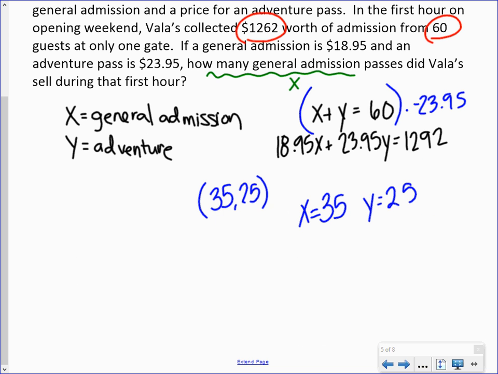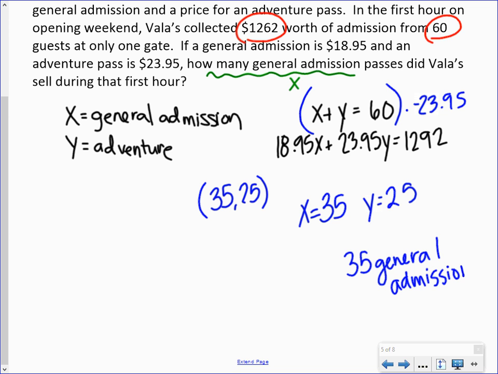But again, in an application problem, make sure that you answer and label your final answer. What do I really want to know? What's my actual answer? A number and a label. 35 general admission. So if I'm answering the question, how many general admissions? 35 general admissions is actually the answer that I want.